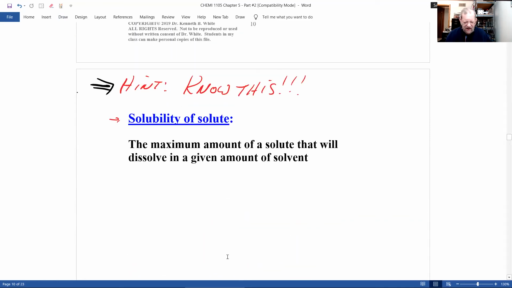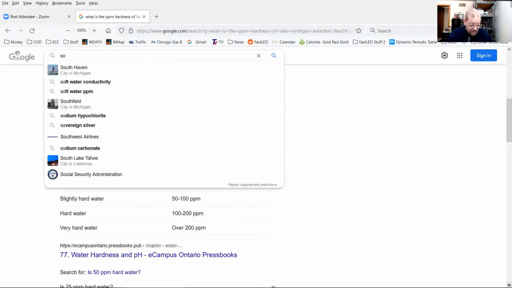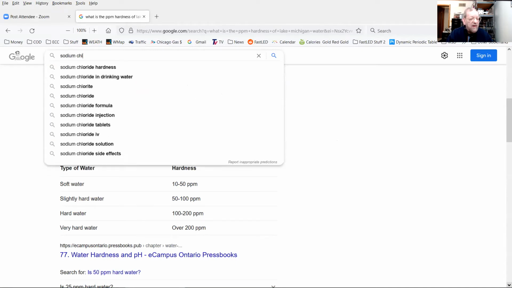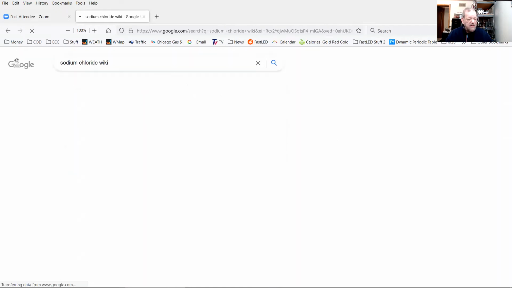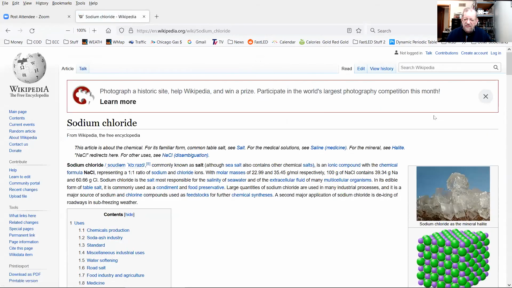And let's go out to the internet. I might have mentioned this before, but Wikipedia has been so heavily policed by chemists, including yours truly.